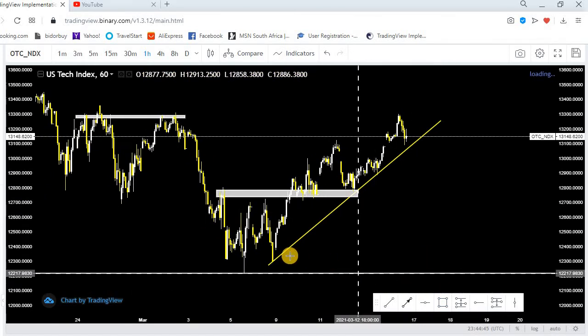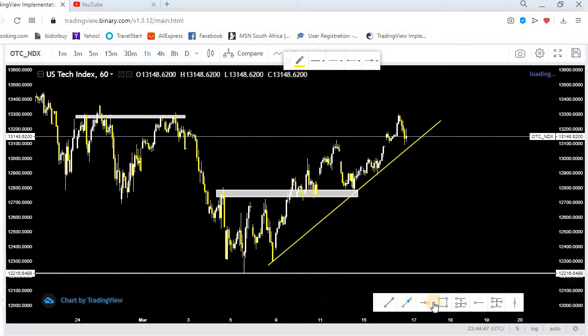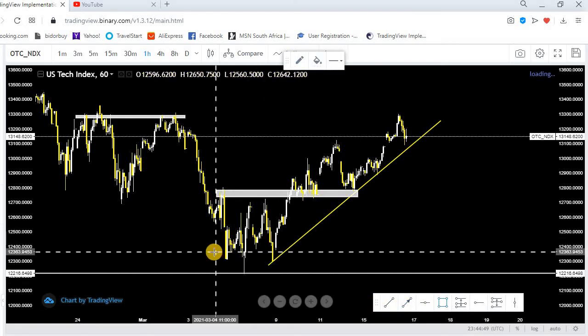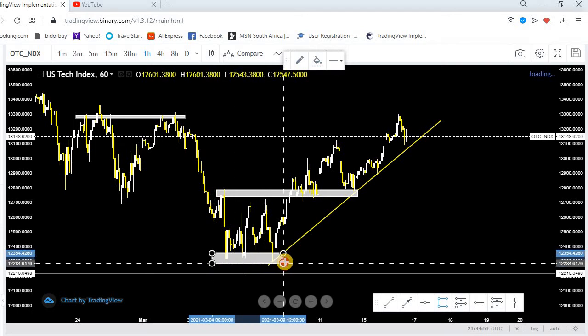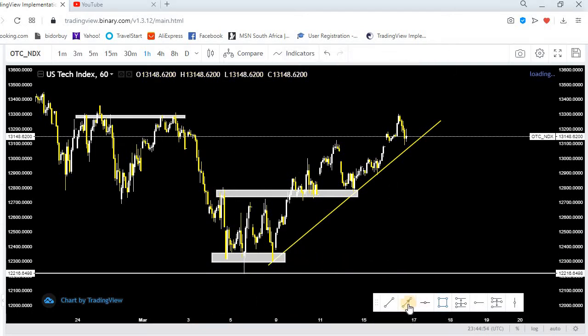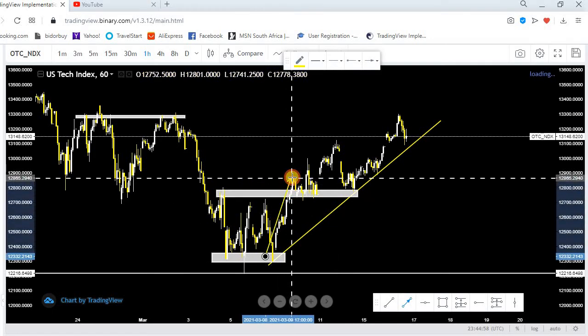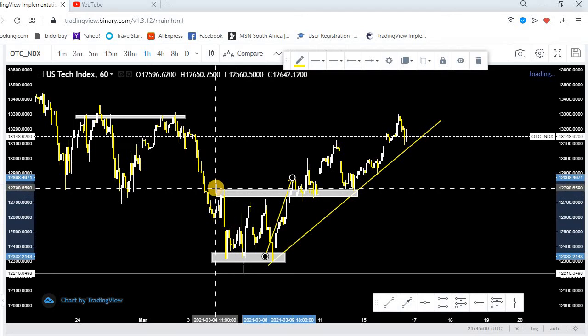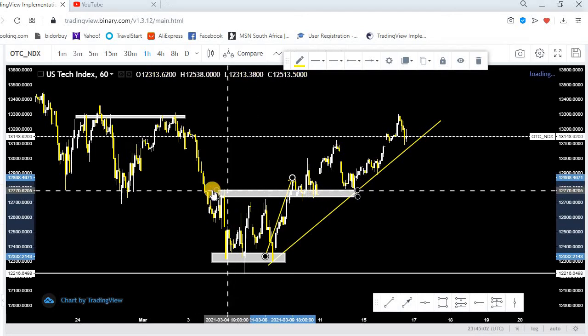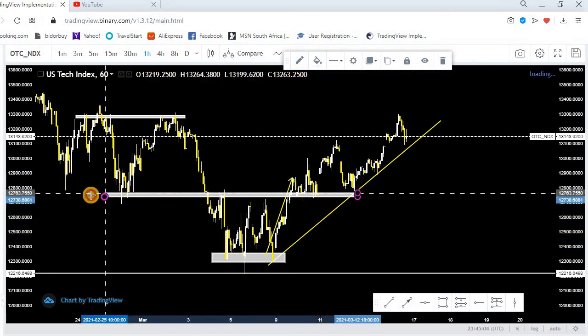And notice what happened after. It created a double top there. Nasdaq went up, broke this level, there's levels of resistance here, and you can see they still relate to this side.